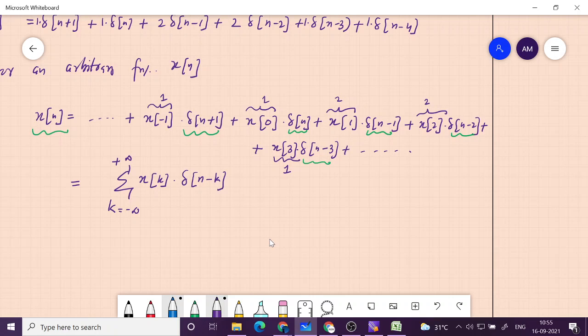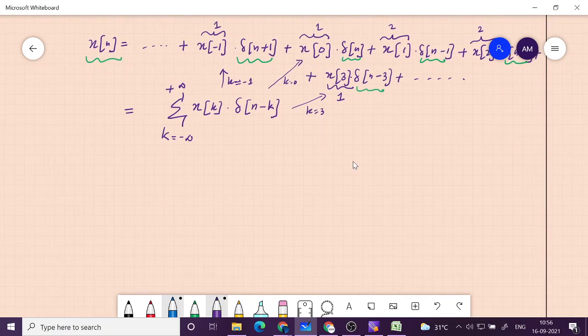You agree that if k is minus 1, it will be x of minus 1 and delta of n minus minus 1, that is n plus 1. And when k is 0, I get x of 0 into delta of n minus 0, which is delta of n. Similarly, when k is equal to 3, x of 3 into delta of n minus 3. So you see that all the terms come out for different values of k.